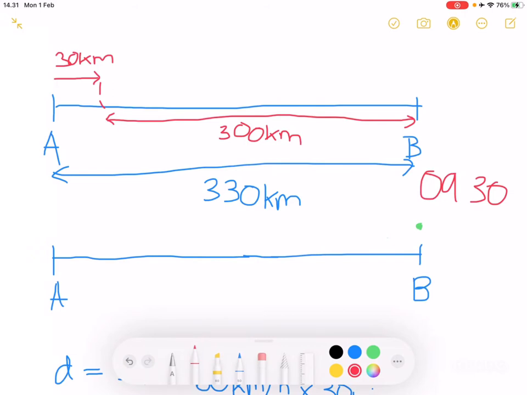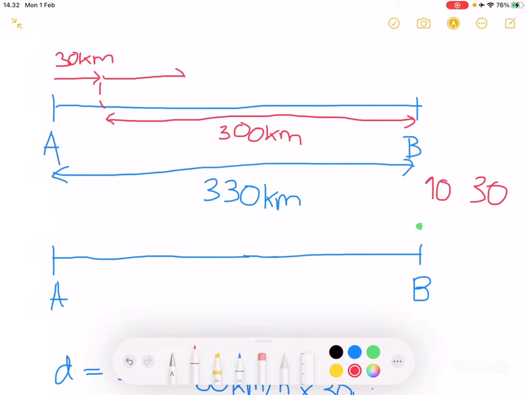At this point, let's see the conditions at 10:30. I have 10:30 right here. Notice that this is an hour after this condition.